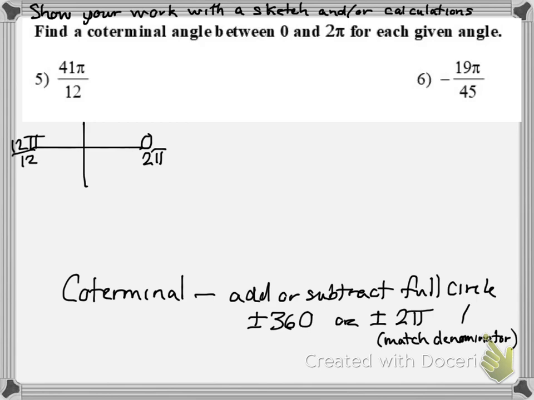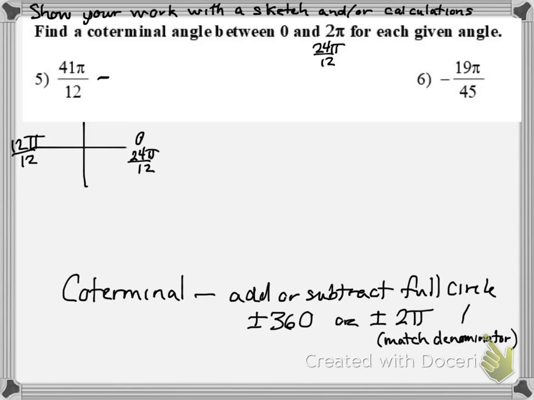And I'm going to double that for my 2 pi and call this 24 pi over 12. I want a coterminal angle between 0 and 2 pi, so it really means between 0 and 24 pi over 12.